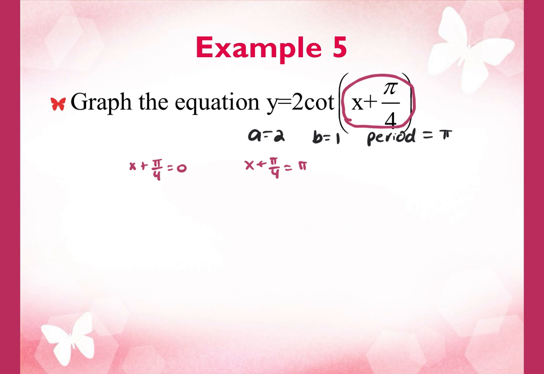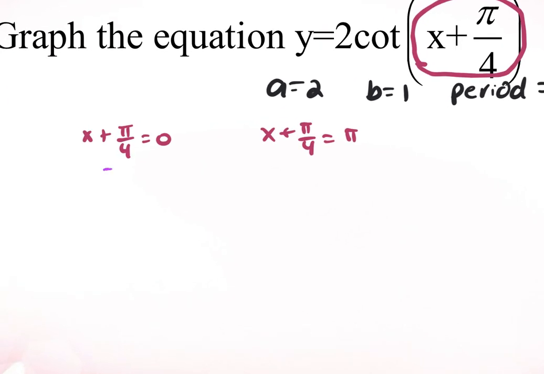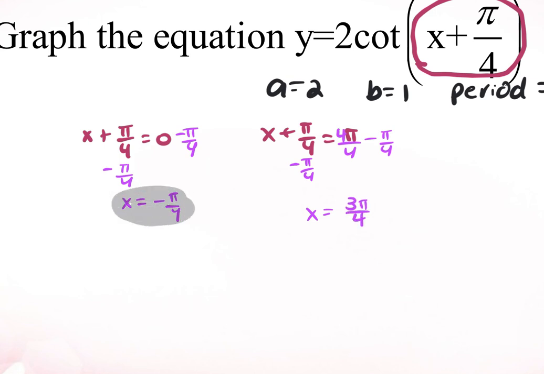So you don't have to do it later like we do with sine and cosine. You do it now. So I'm taking that asymptote and I'm literally shifting it left pi over 4. So that's how you're letting the phase shift affect it. So it'd be negative pi over 4. And then this one subtract. This is 4 pi over 4. And I get x equals 3 pi over 4. And those are your middle two.